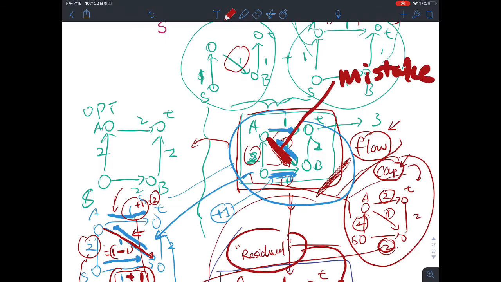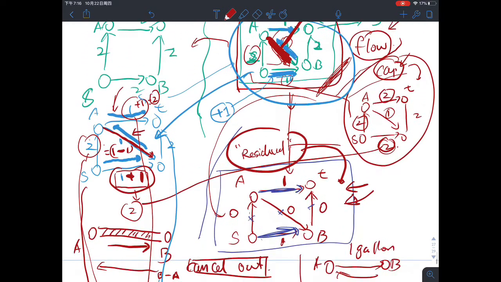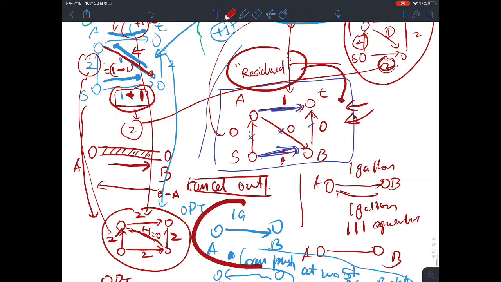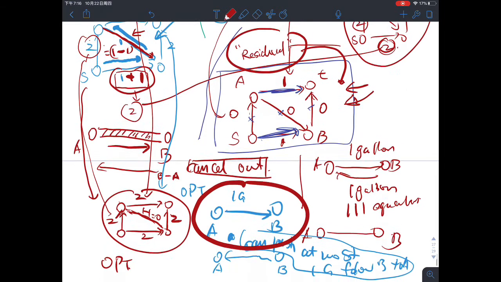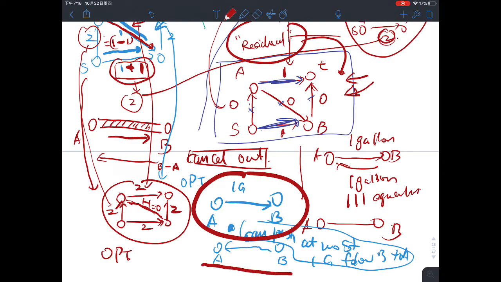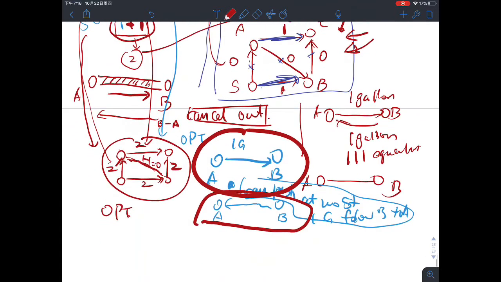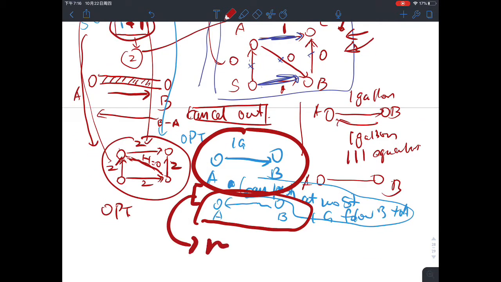And actually, we have this interpretation that since we are already moving 1 gallon of flow from A to B, that really literally means that we can push 1 gallon of flow back to A, right? If we allow this type of interpretation, this really just means that we are given room to fix the problem.